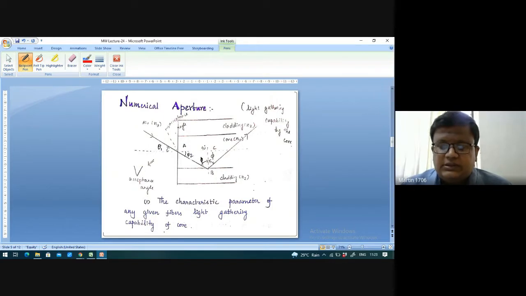By using this, we can find out the numerical aperture. You may ask what is meant by numerical aperture. In this diagram, we have shown only the small part of the reflection and refraction.